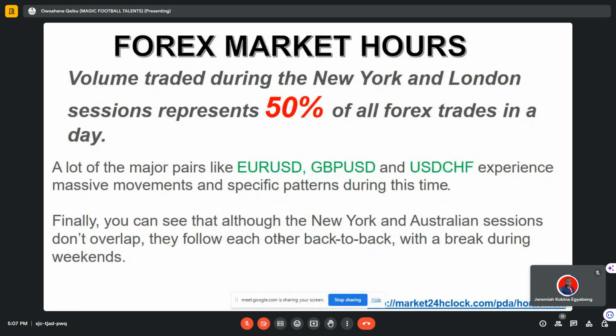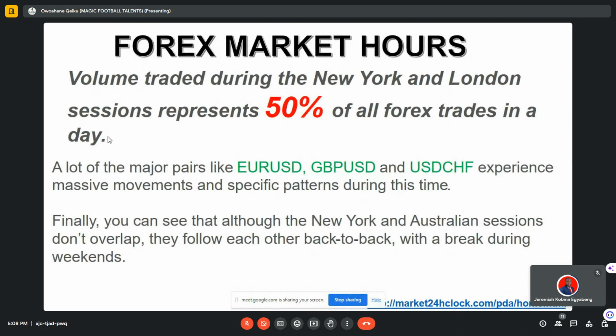You see, the volume traded during the New York and the London session represents 50% of all forex trades in a day. The market trades 6.6 trillion US dollars in a day, that's 24 hours. The London and New York sessions trade 50%, about 3.3 trillion US dollars per day.